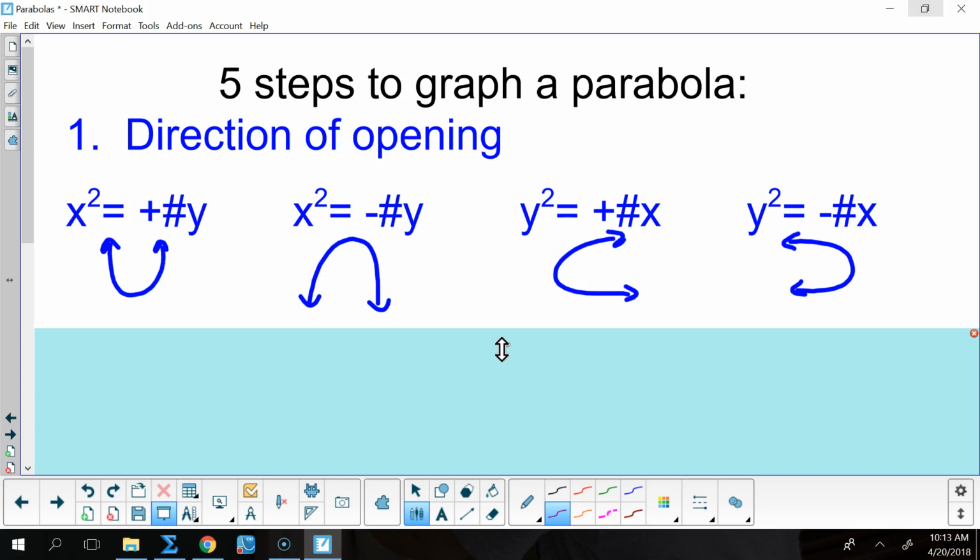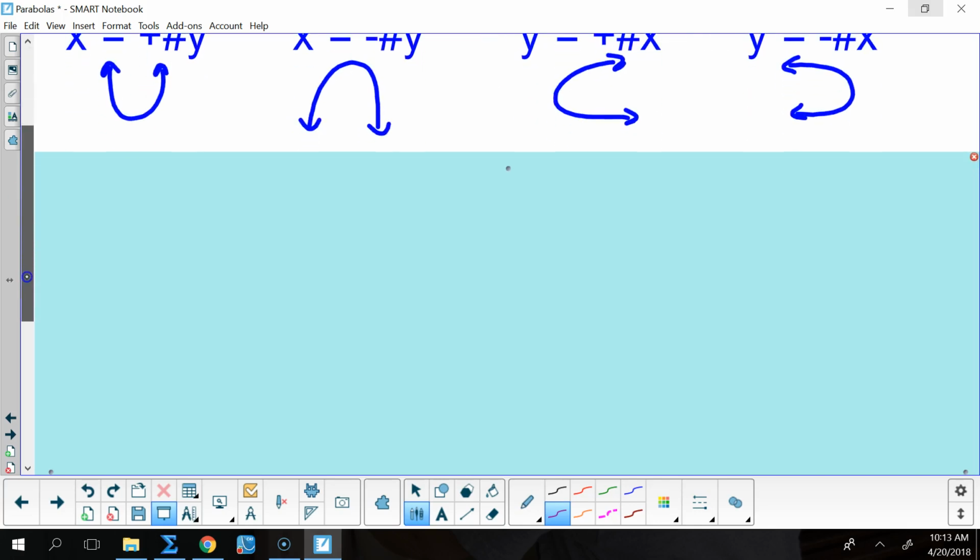If x is squared and 4p is positive, it's up. If y is squared and 4p is positive, it's right. If x is squared and it's negative, it's down. Y is squared and it's negative, it's left. That's our first thing.